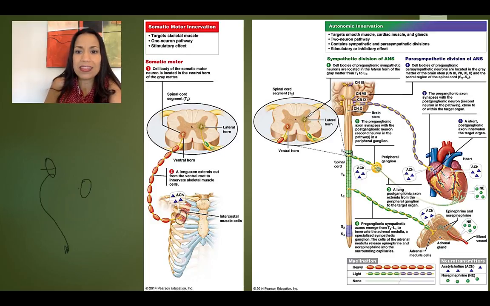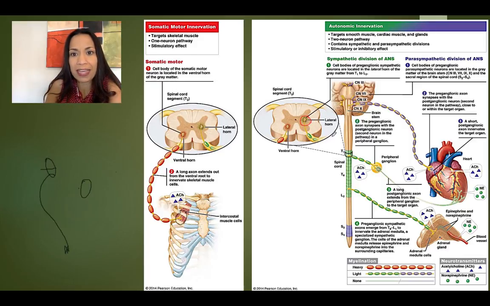In here, the visceral motor neuron is located in the lateral horn of the gray matter in the spinal cord. So in the lateral gray horn, right here. Easy, right? These are motor neurons, so it's going to follow the same motor roots, the anterior or ventral roots of the spinal cord.